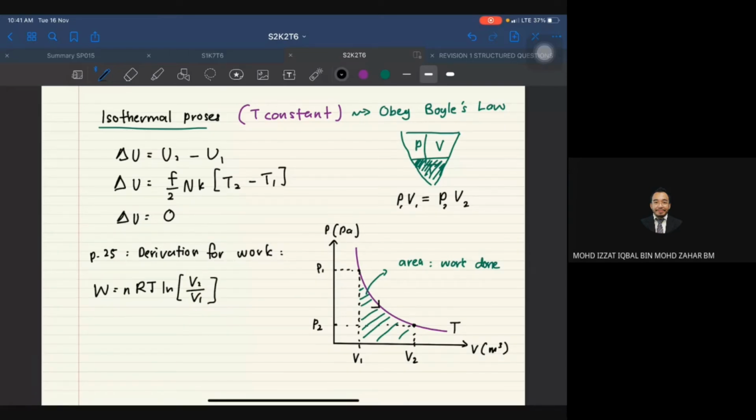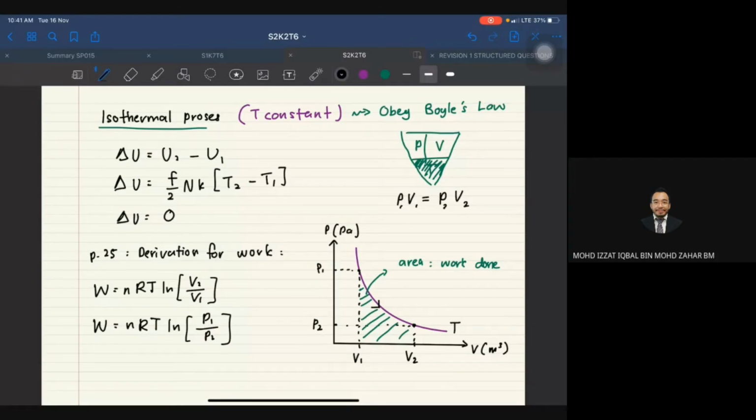Dulu student selalu terconfuse, P1, P2 ke V2, V1 tu mana atas mana bawah. Tapi sekarang you are given the formula sheet, sepatutnya tak ada masalah. So to calculate the work done, since you cannot simply calculate the area, you have to do the integration. So formula yang ada adalah itu.